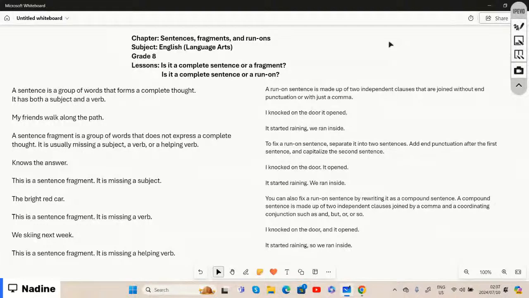The subject can be Nadine and Jack, or Nadine and Anna, and the verb can be jumps or goes to the shop, but it basically needs to have a subject or subjects as well as a verb, and that is a sentence, a group of words that forms a complete thought.